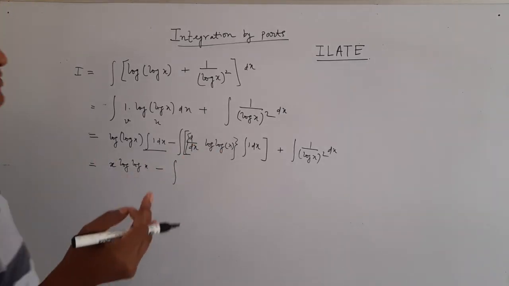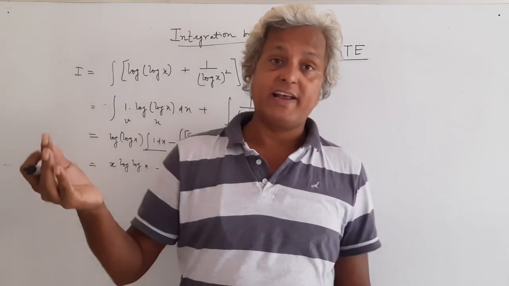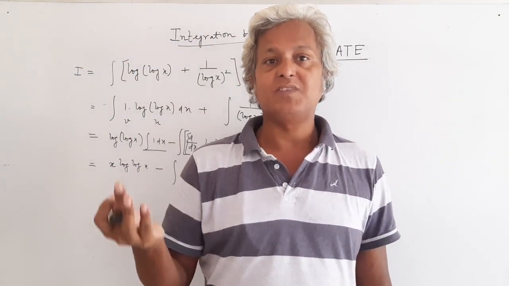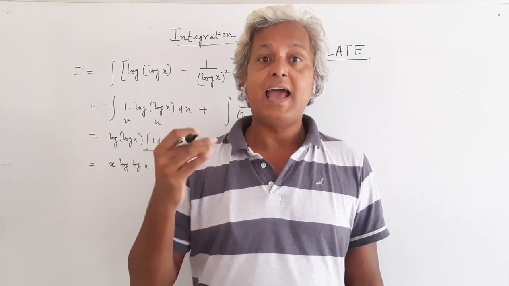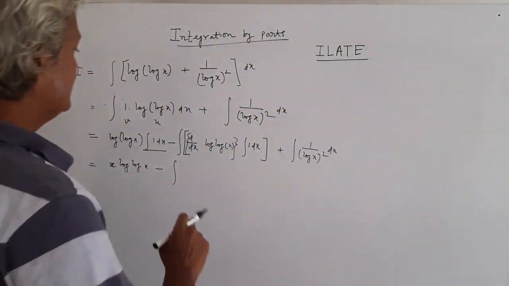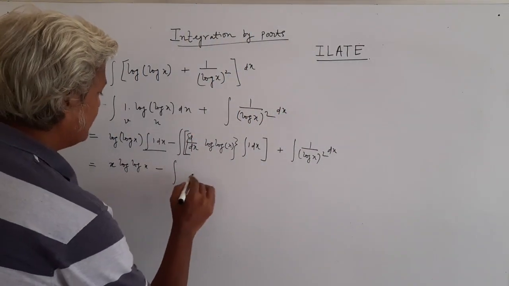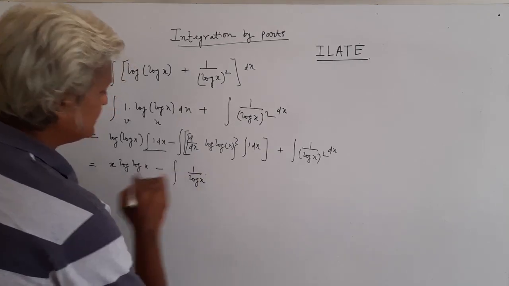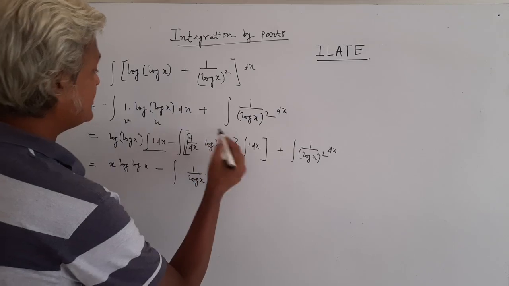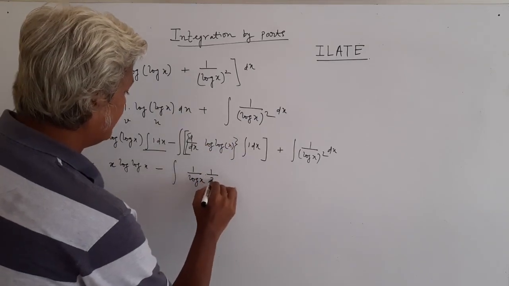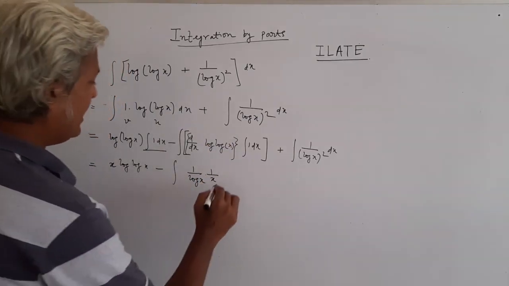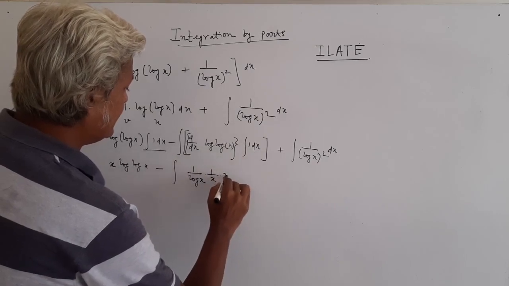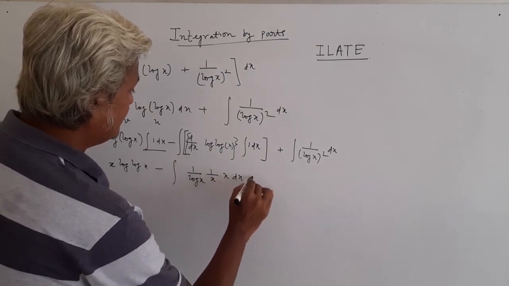What is the differentiation of log something? That is 1 over something, times the differentiation of that something. So the differentiation of log x will be 1 over x, and the integration of 1 is x dx, plus.